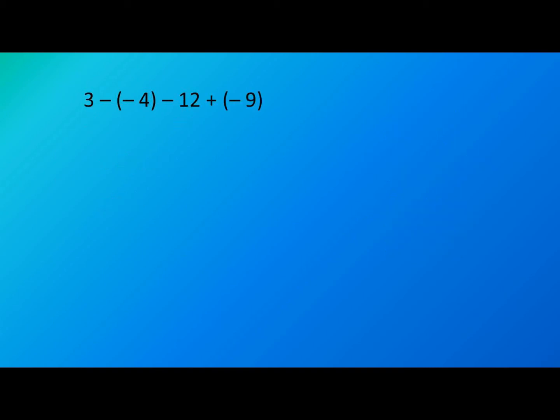Next, 3 minus -4 minus 12 plus -9. Okay, the 3 is a positive. The minus -4 is a positive. That's the double negative. The minus 12 is a negative, and the plus -9 is a negative. So we add the positives.